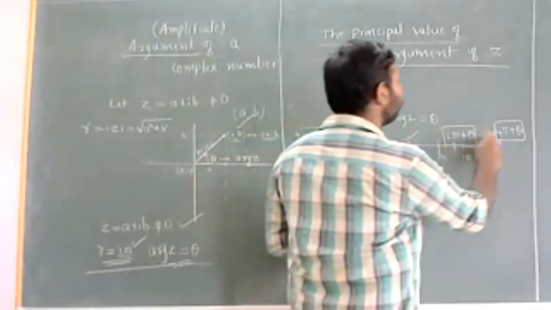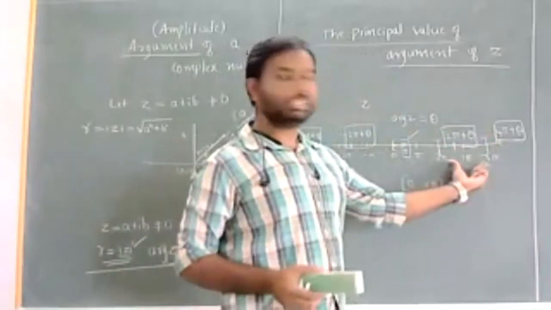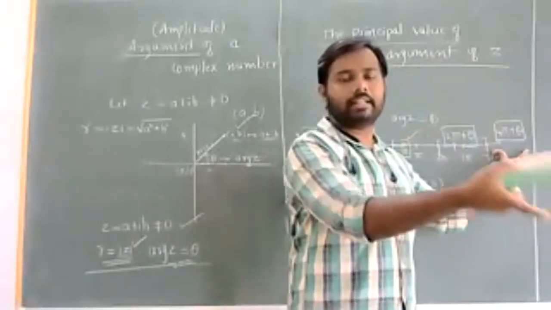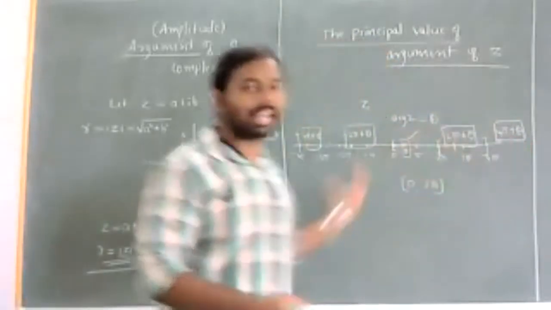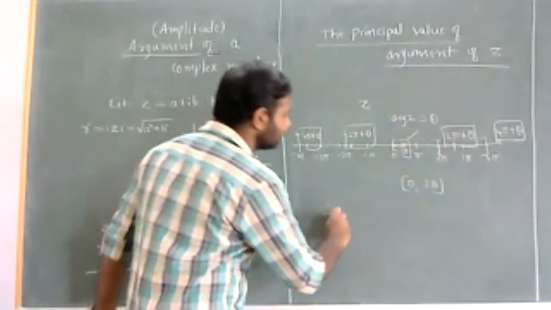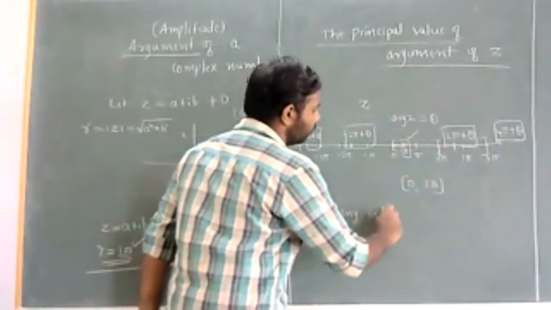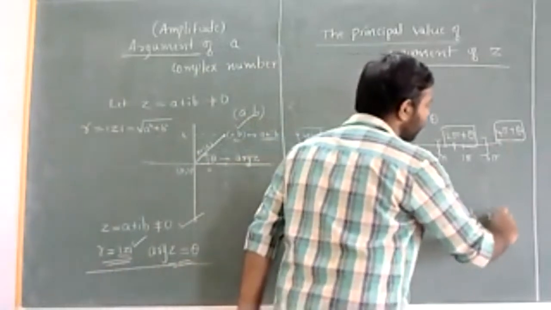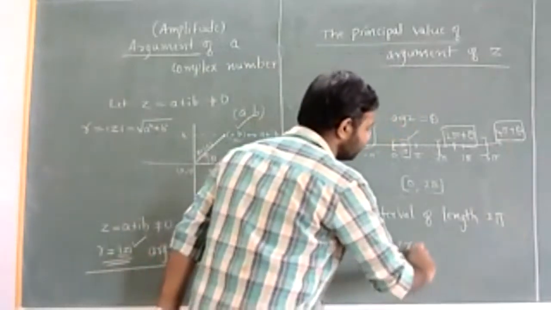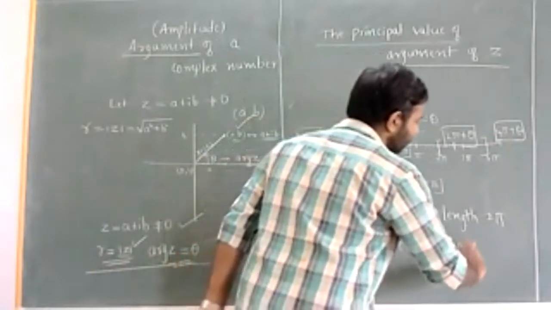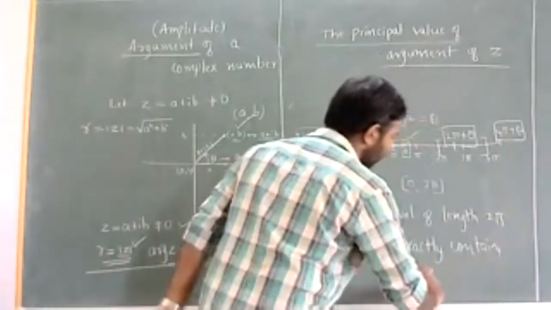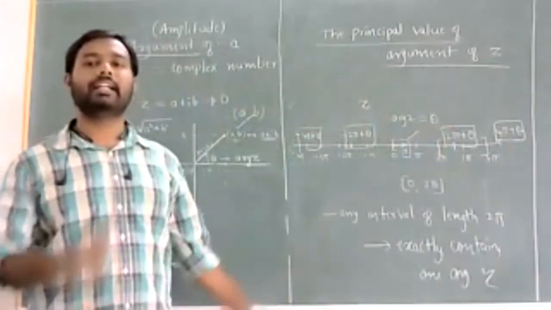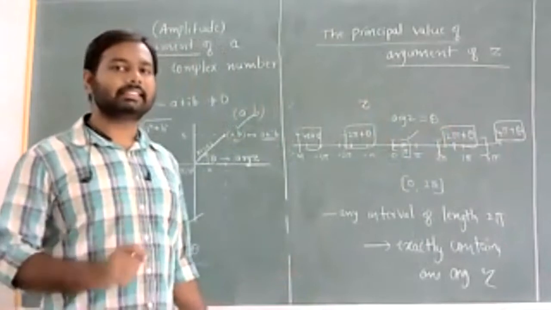From 2 pi to 4 pi, this interval also contains only one argument. The next interval will also contain one argument. Like this, any interval of length 2 pi will contain exactly one argument value of z.